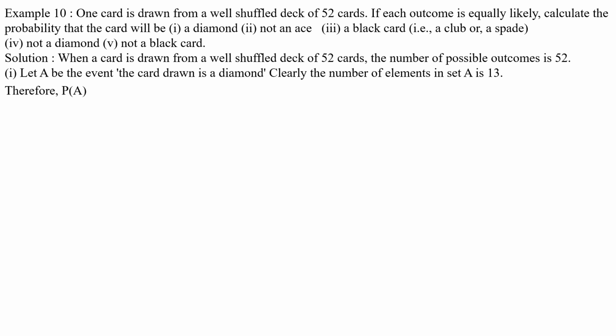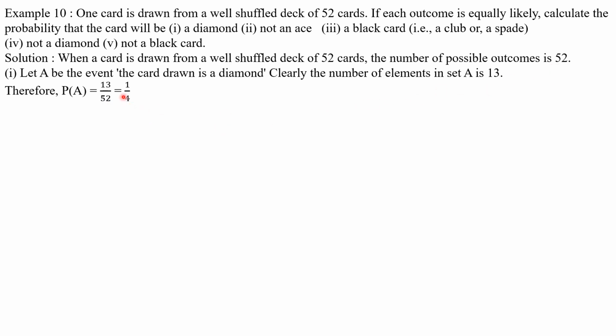Therefore, P of A is equal to 13 by 52. Understood this step, children? Here n of A is equal to 13 and n of S is 52. So n of A by n of S. Okay, my children. Here I did not write that formula: P of A is equal to n of A by n of S. Here n of A is equal to 13 and n of S is equal to 52.